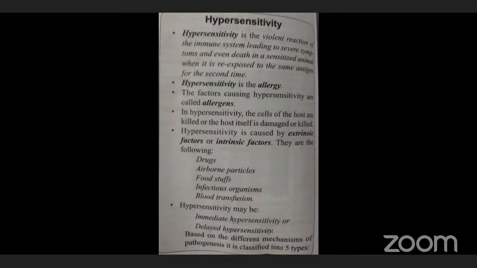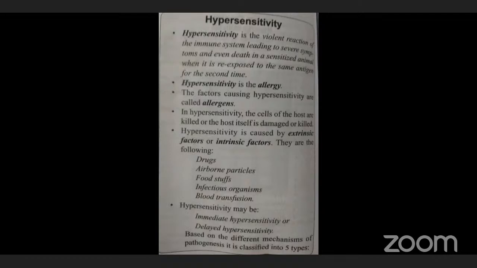And what are the common hypersensitivity reaction types? What are the common types? Hypersensitivity produces a variety of reactions. For example, the reaction may manifest immediately. If you take any unwanted thing, I mean allergens, it immediately shows some reactions.